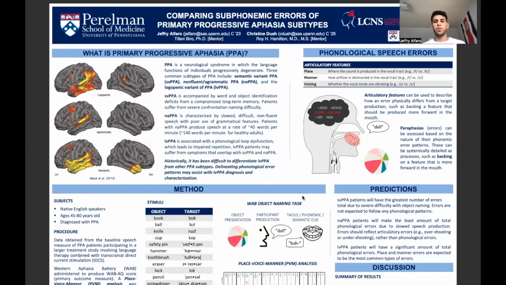Throughout our study, we administer the Western Aphasia Battery object naming task to patients with different PPA subtypes. In this task, we present an object such as a ball and have the participant say what the object is, and hopefully they produce the target production. But if they do not, we provide a semantic, tactile, or phonemic cue, and hopefully they then reach the target production.